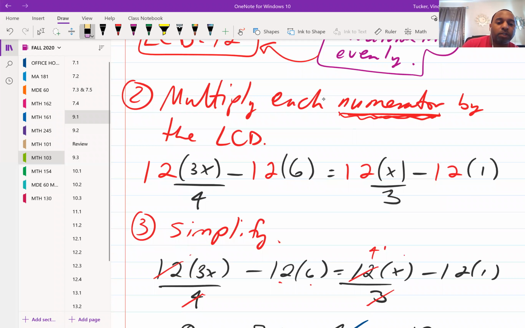All right, so step 3 is to simplify. As I mentioned, we multiply each numerator by that LCD, multiply by 12. So now this 4 can divide into the 12 and leave us with 3. I think I will use purple.